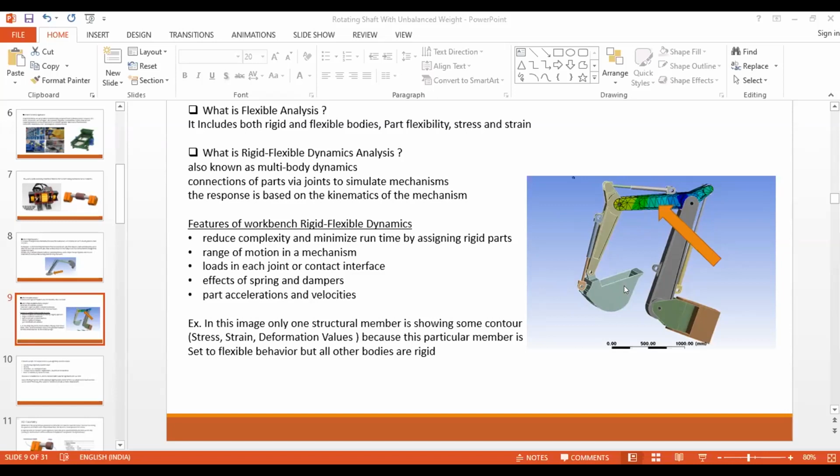There is no need to generate or create a spring just to show the component here. We can create springs directly in rigid dynamics, so no need to create more springs for that.